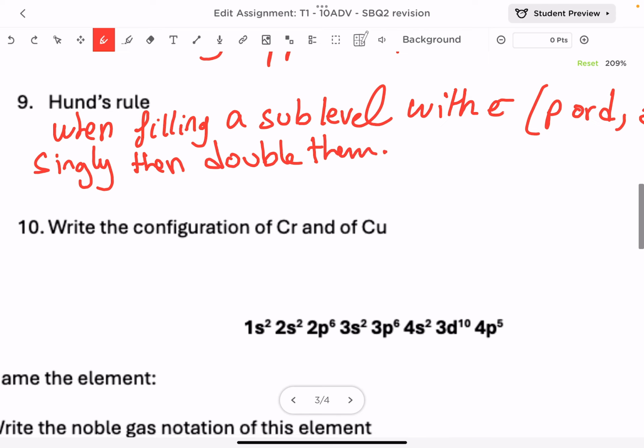Or you memorize the definition of Hund's rule in your notes. So if I am filling P, singly, then double.